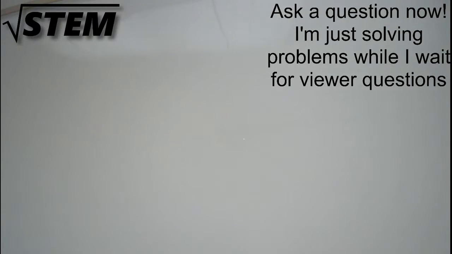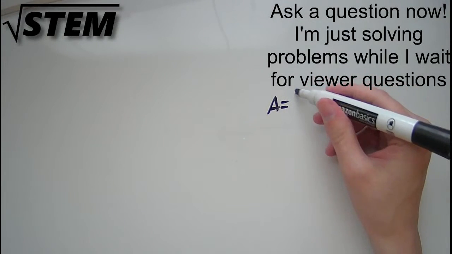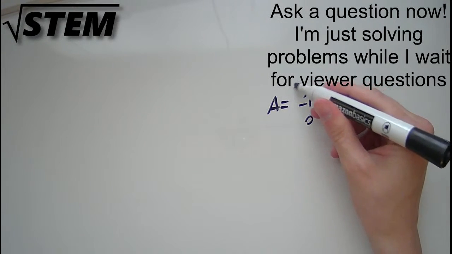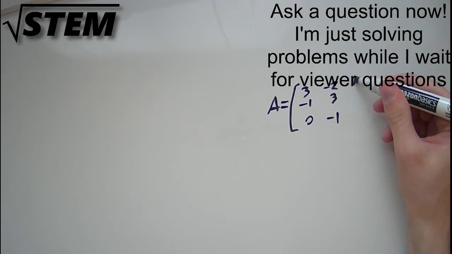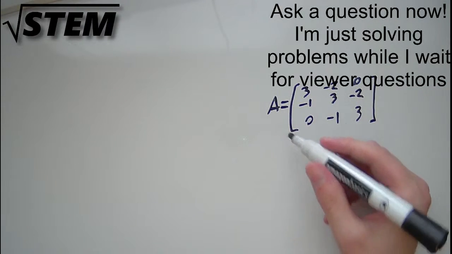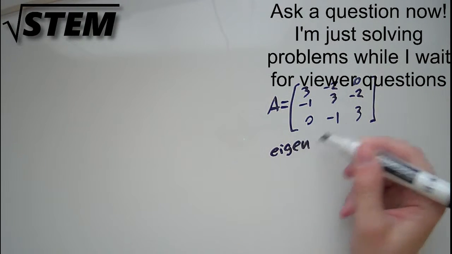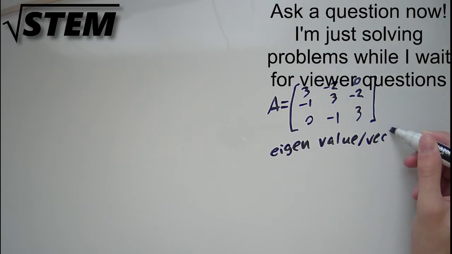So this one gives us a 3x3 matrix to work with. We're given a matrix A: 3, negative 1, 0, negative 2, 3, negative 1, 0, negative 2, 3. And then we have eigenvalue vector pairs given for us.